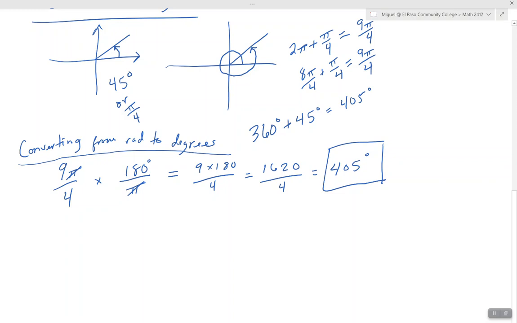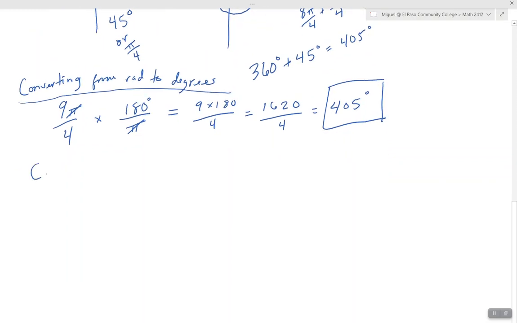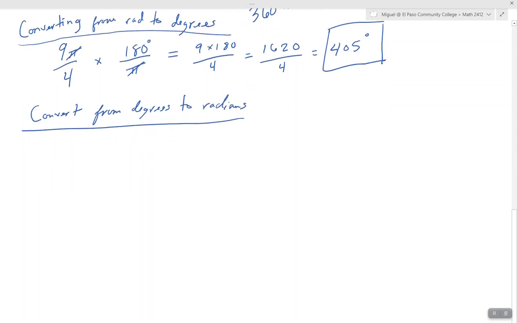How do we go the other way? The reciprocal. Good. Convert from degrees. So we have degrees, and we want to multiply by pi radians for every 180 degrees.